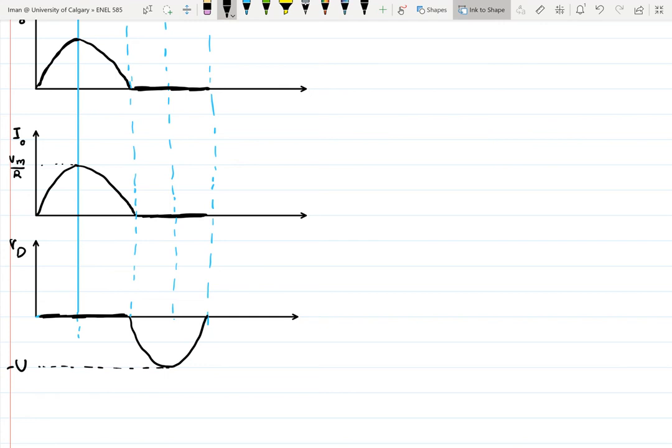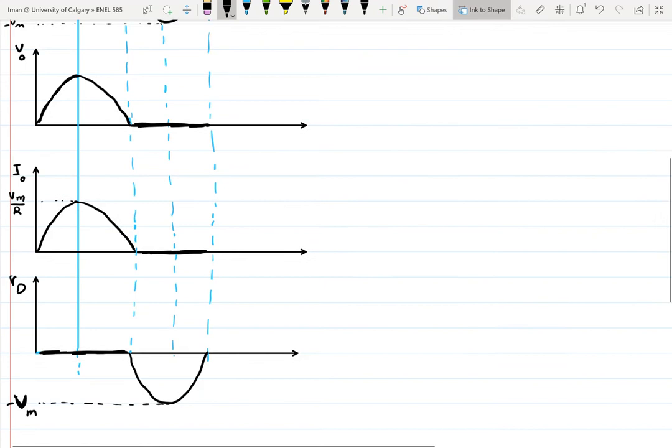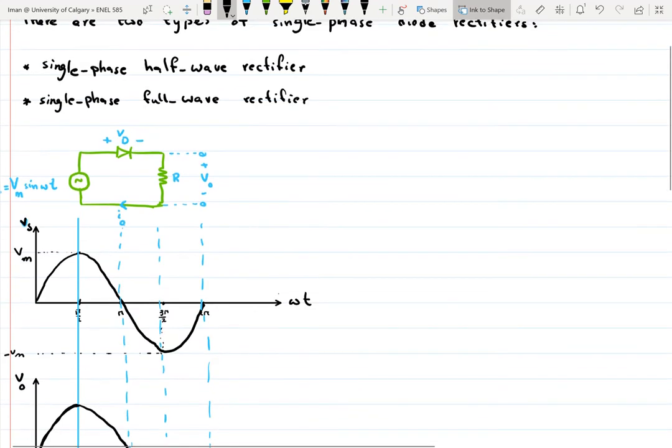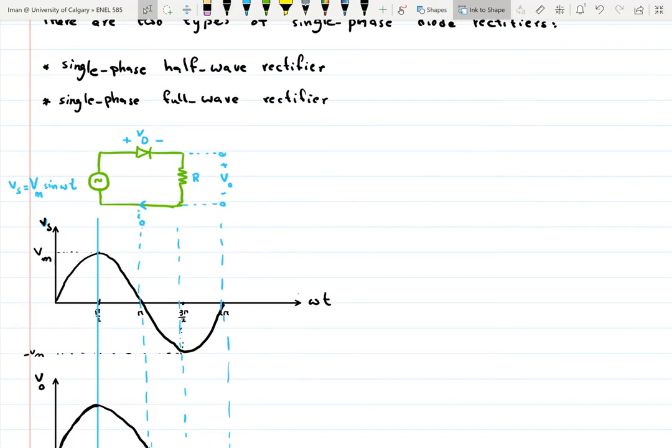So the maximum reverse voltage that is applied to the diode would be equal to minus Vm actually. Okay, so this was for the half wave.